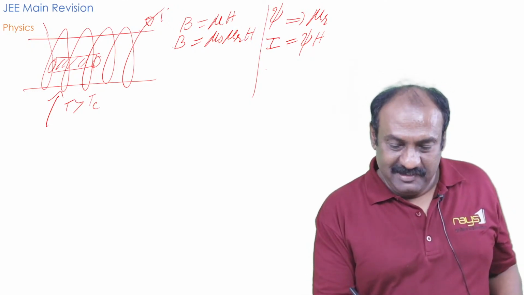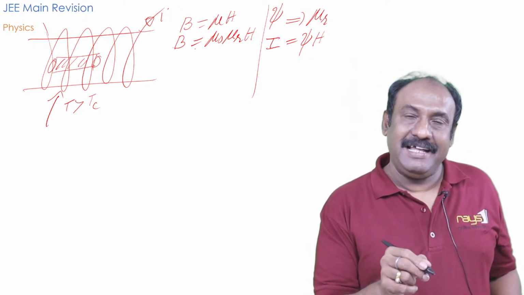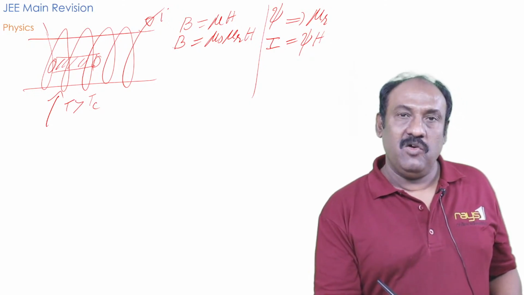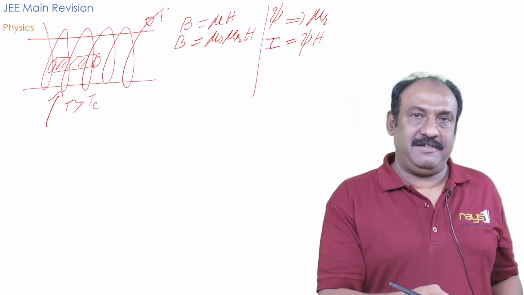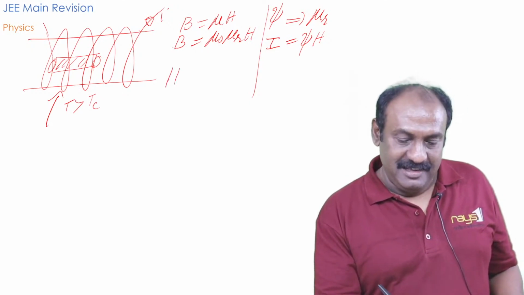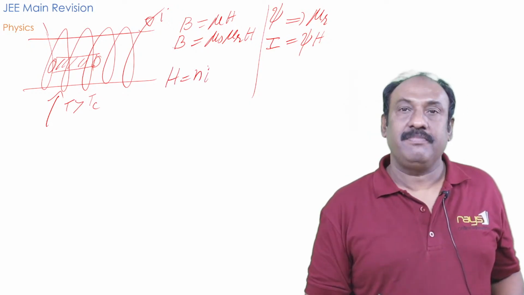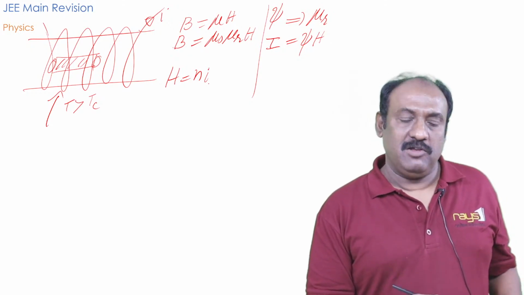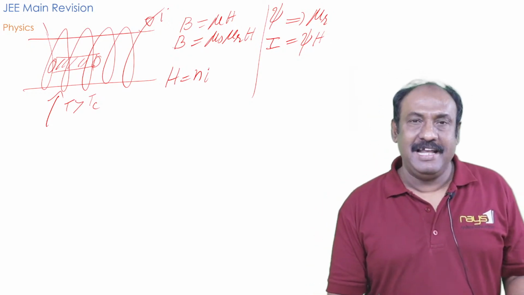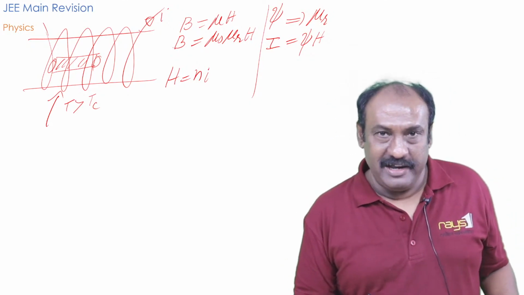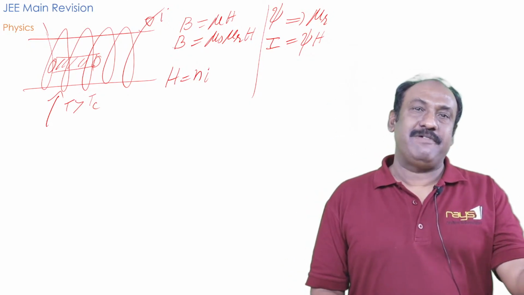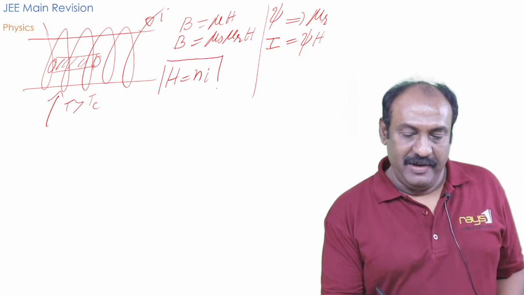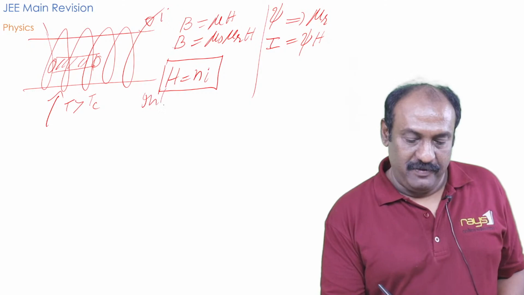So what is the magnetic intensity of the magnetic field inside of the solenoid when a soft iron core is kept inside of the solenoid? H equal to nI, number of turns per unit length into I. So whatever material is kept inside of the solenoid, having either high permeability or low permeability, it won't affect the value of intensity of the magnetic field.